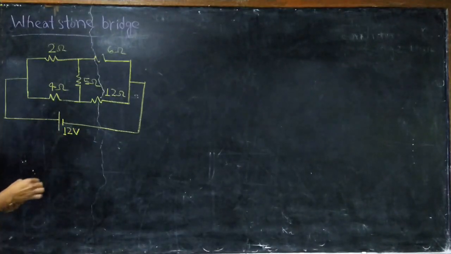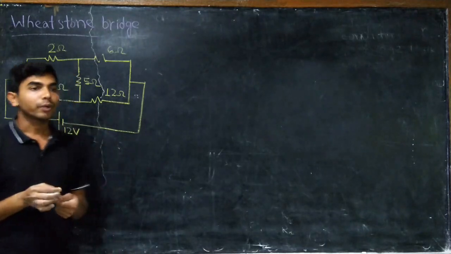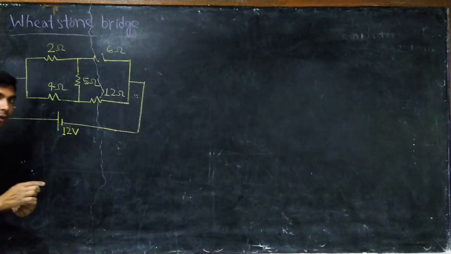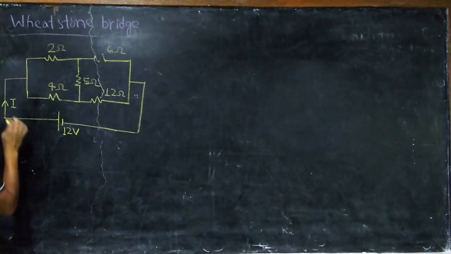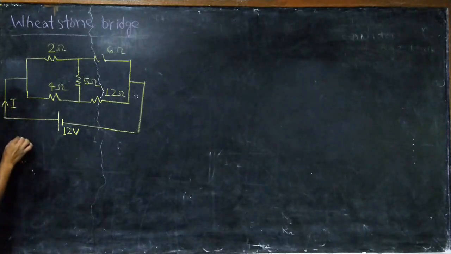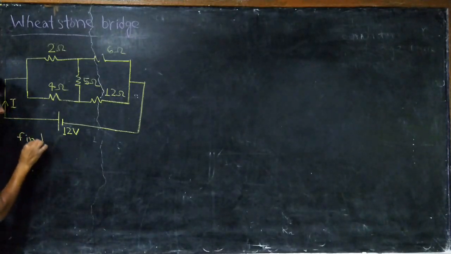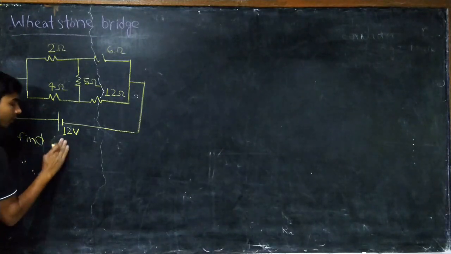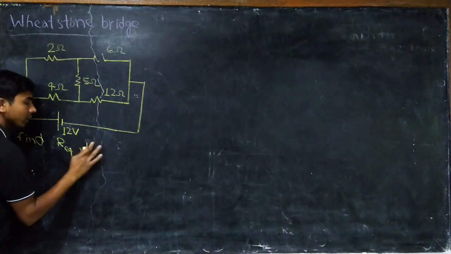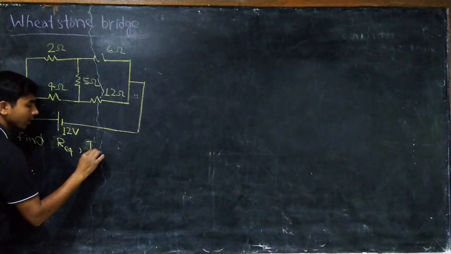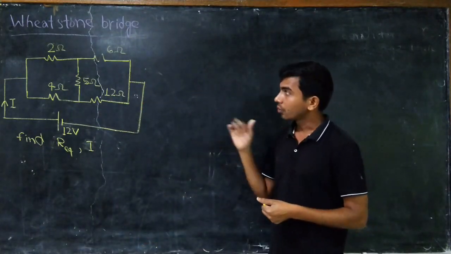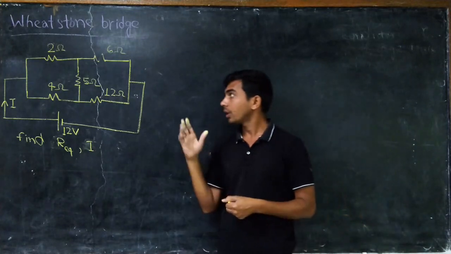So this circuit is given, and you have to find the value of I. First find R equivalent, right? Find R equivalent and I. Okay, so these two things we have to find, right? So note down your question, and then I will solve it.